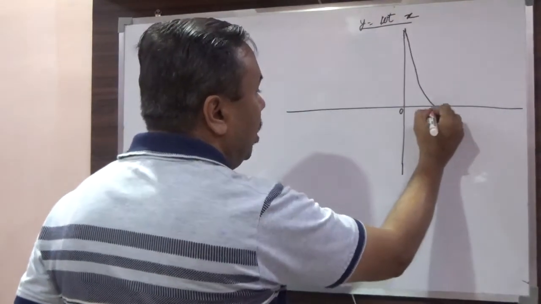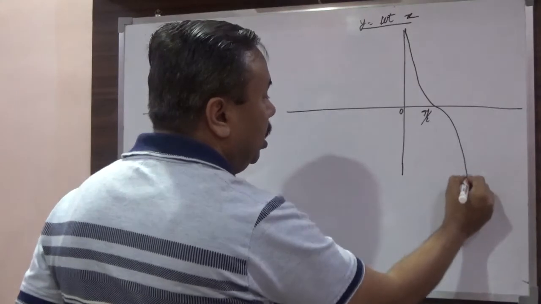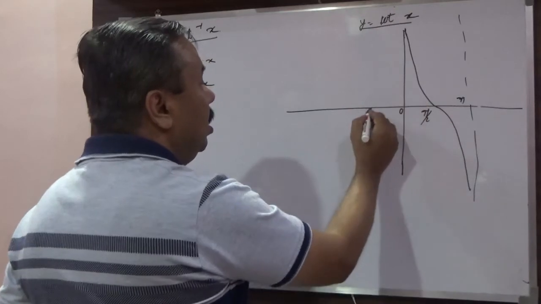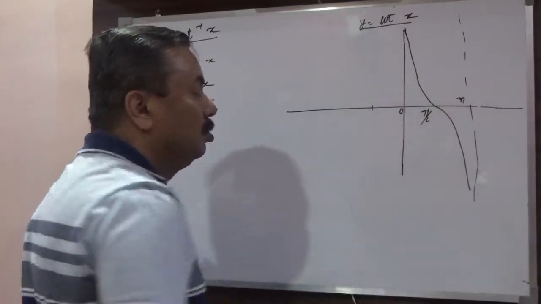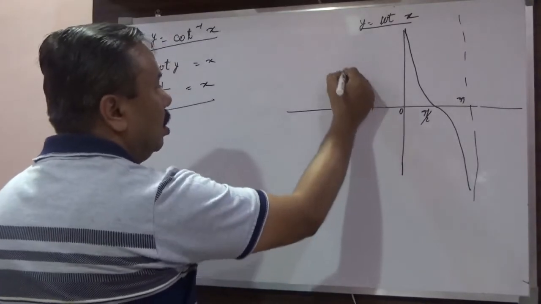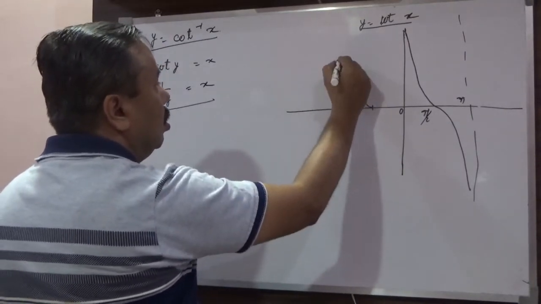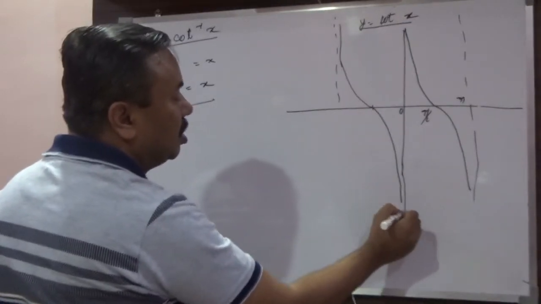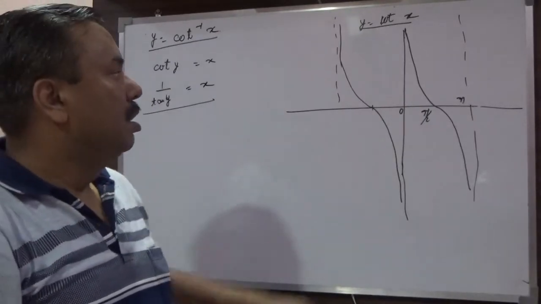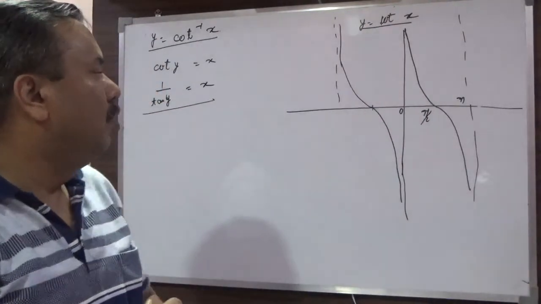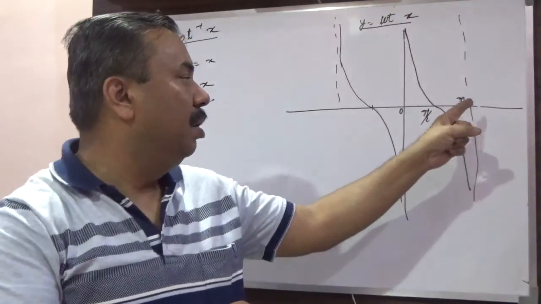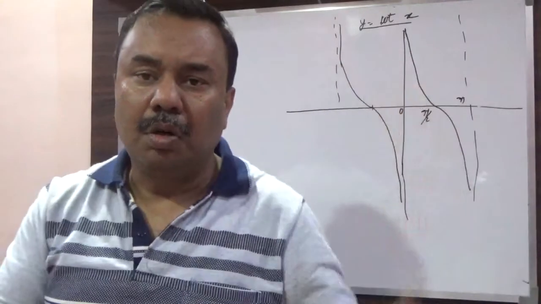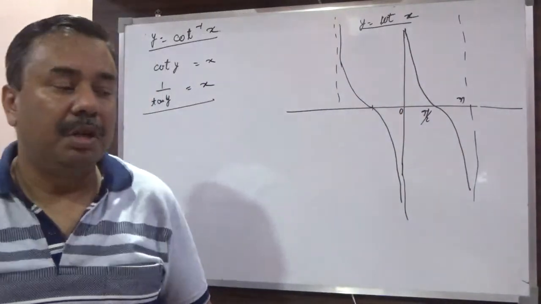This is your value pi by 2, and this was the value at pi. Similarly at minus pi by 2 it was like this. It never touched this line, and similarly this side it never touched the x-axis. So you see, whenever the value was 0 or pi or 2 pi or 3 pi, or I can say n pi, the value of cot theta or cot x was not defined.